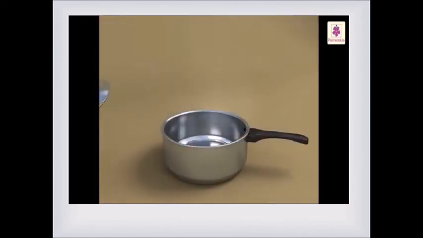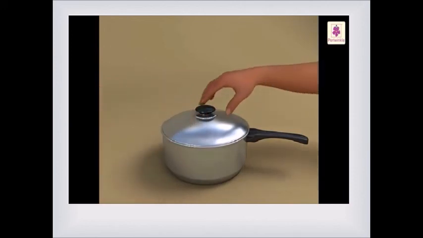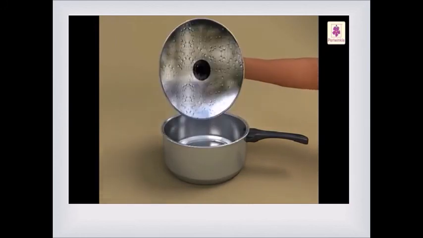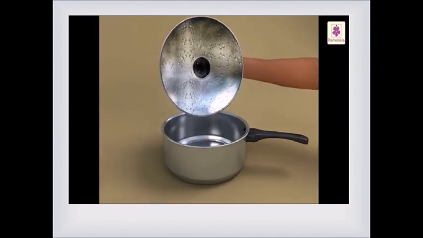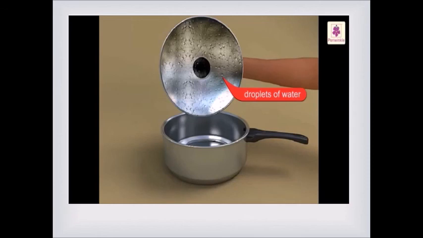Now remove the saucepan from the fire, cover it with a lid. After a few minutes, lift the lid. Carefully look at the underside of the lid. You will find droplets of water. Water vapor comes in contact with the cool surface of the lid and condenses back into water. This is called condensation.